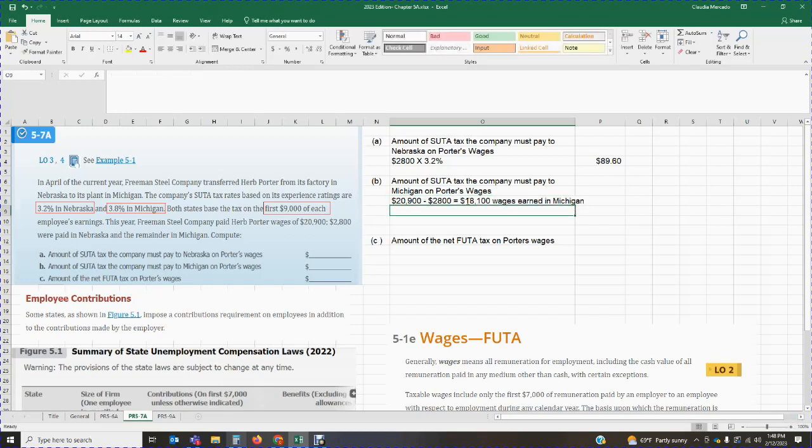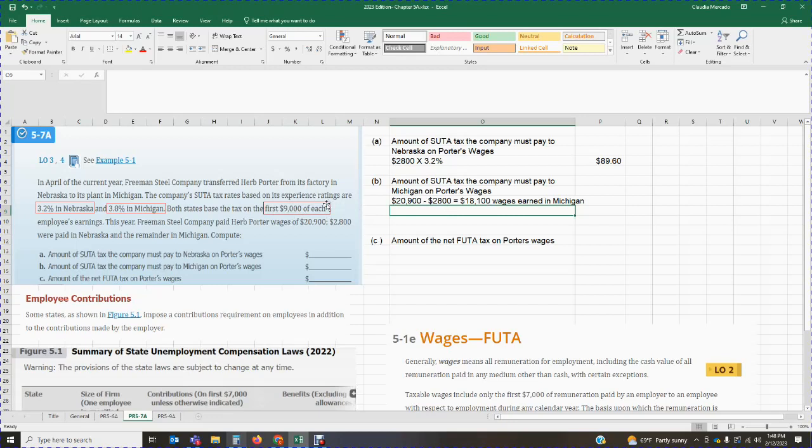Okay? So, that is the amount that we're going to calculate. Now, we know that even though Herb earned $18,100 in Michigan, we are only going to pay SUTA taxes on the first $9,000 of wages. Okay?